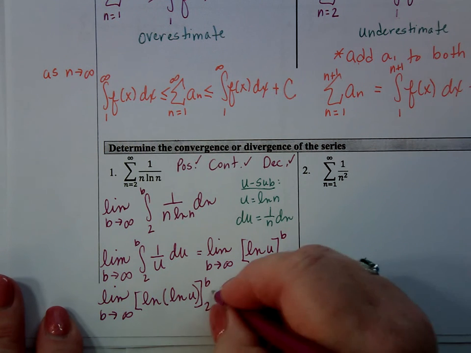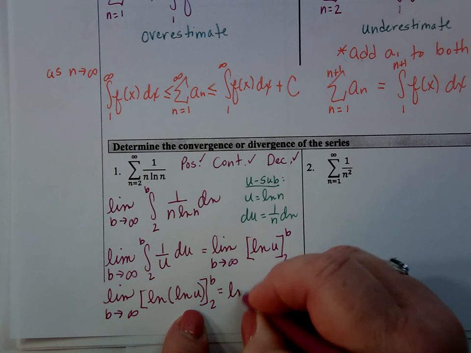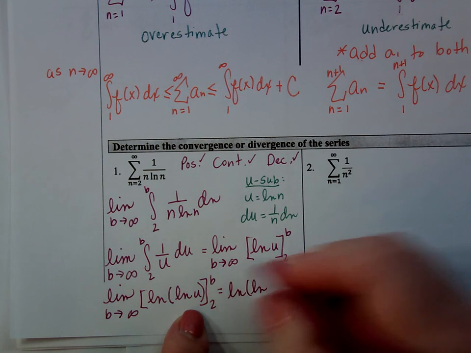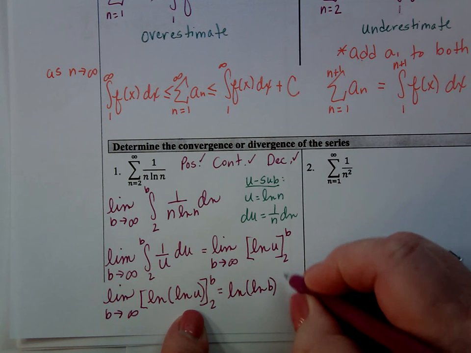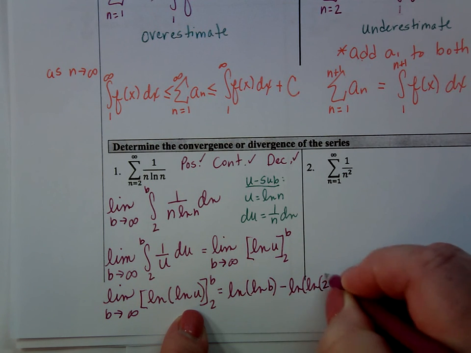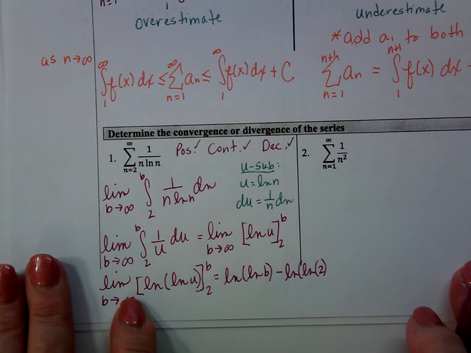Now I'm ready to substitute it in. So if I have the ln of b minus the ln of 2, f of b minus f of a, this is what it looks like now.